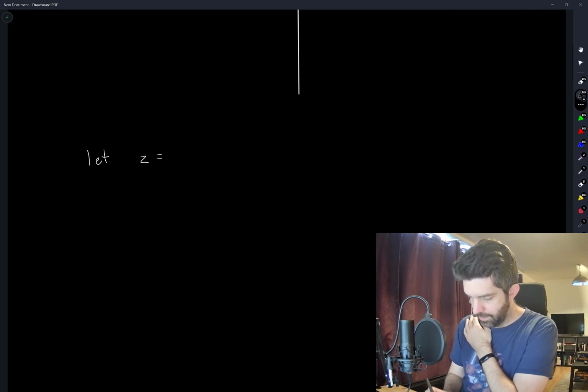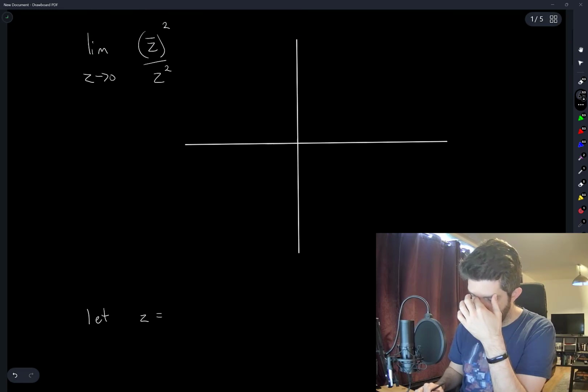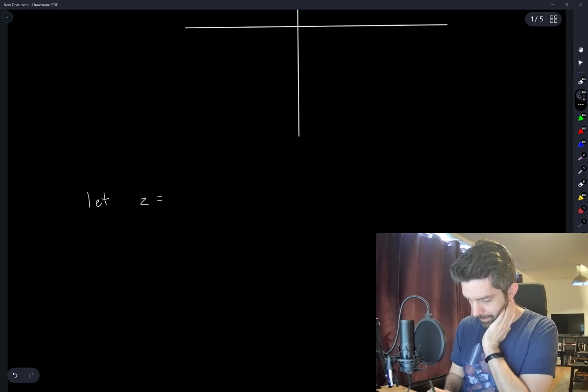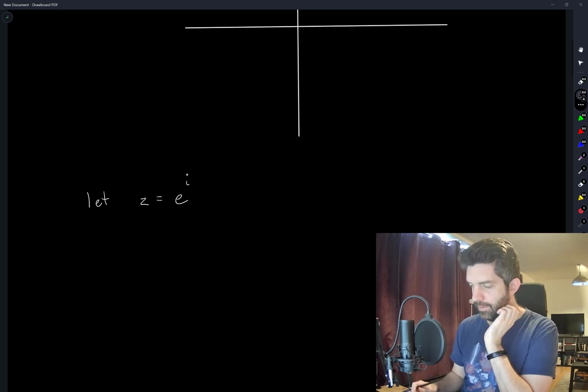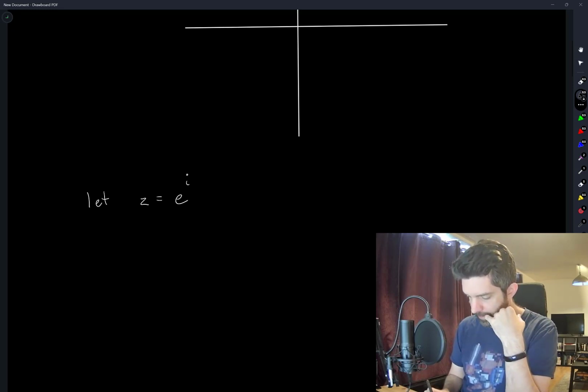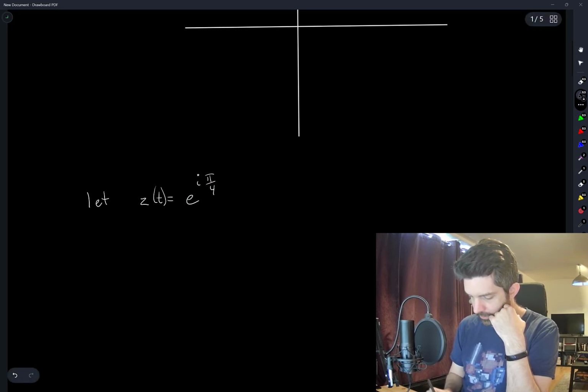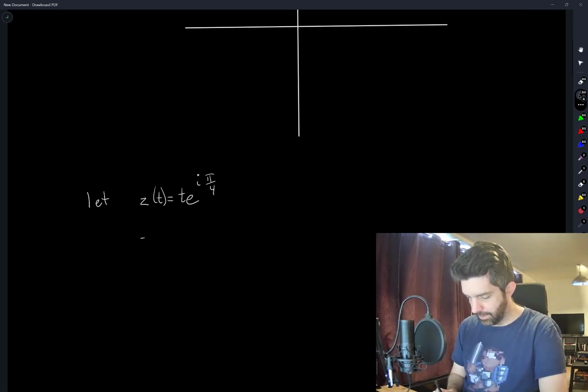Let z be equal to e to the I pi over 4 times t. So z of t is t times e to the I pi over 4, and then z bar of t is t e to the negative I pi over 4.